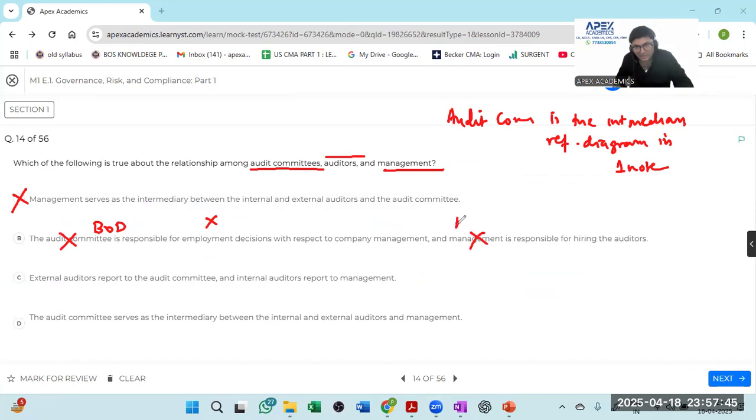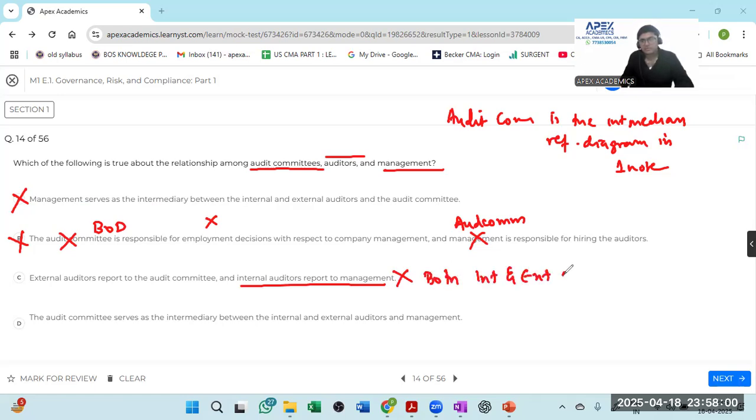Sir, external auditors report to the audit committee and internal auditors report to management. Wrong. Both internal and external auditors report to the audit committee.